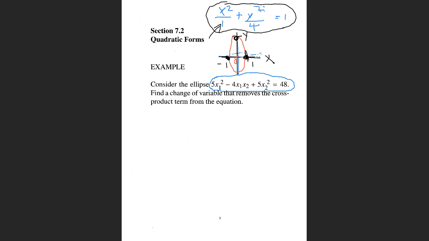The y-intercepts are when you set x equal to 0. So what would the y-intercepts be for this ellipse?